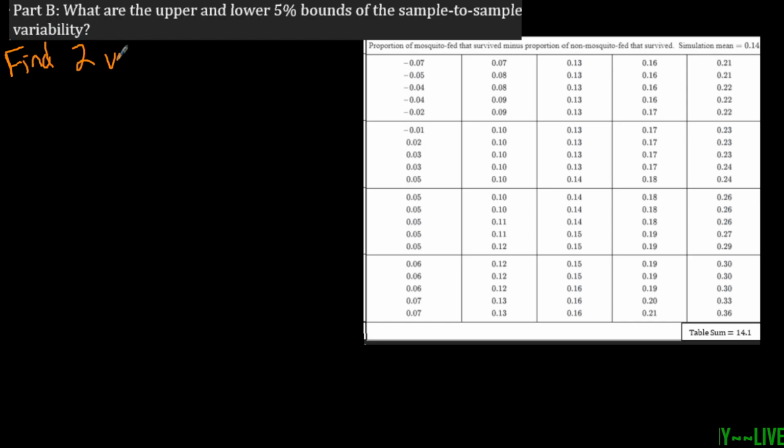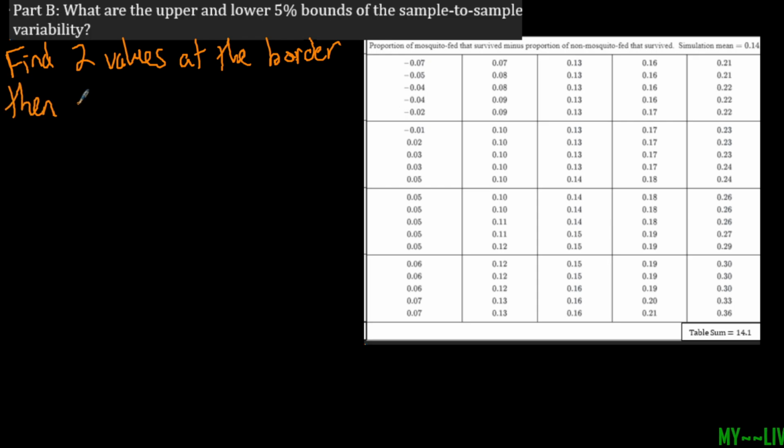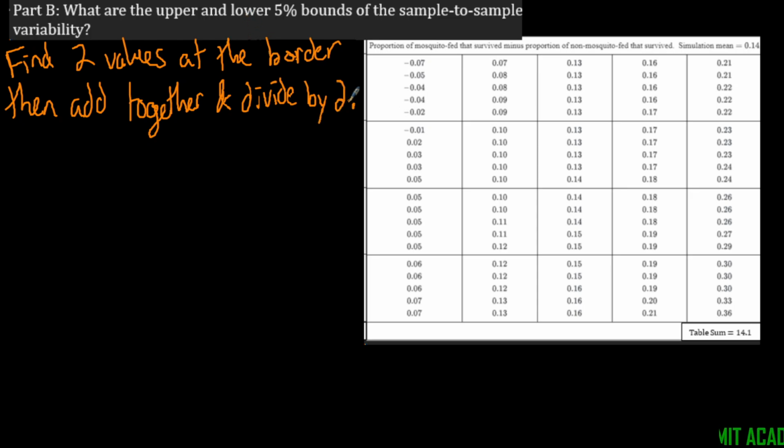Find two values at the border, then add together and divide by 2.